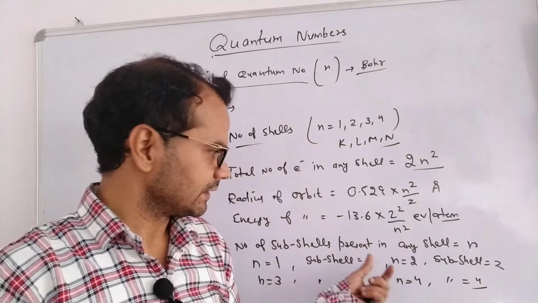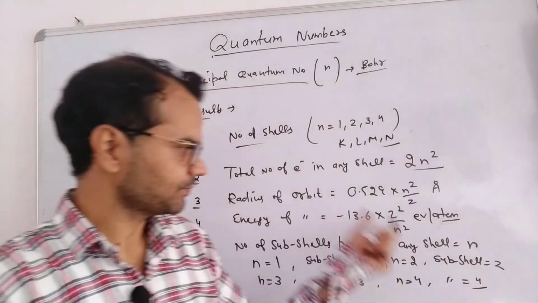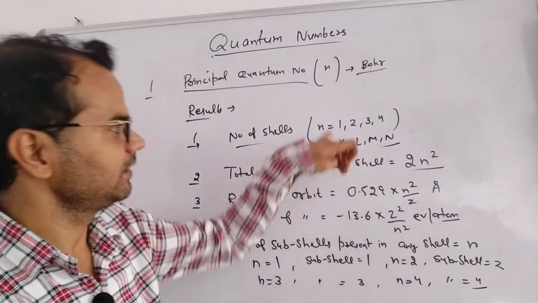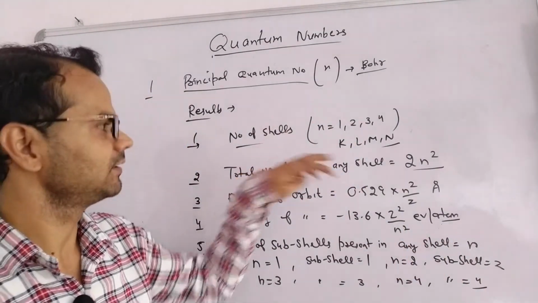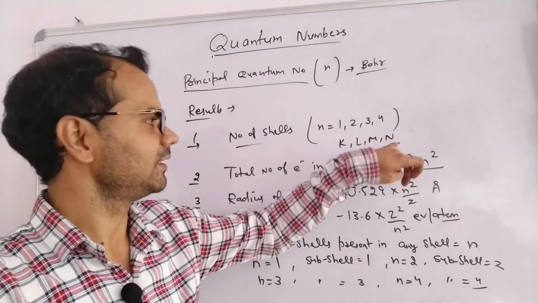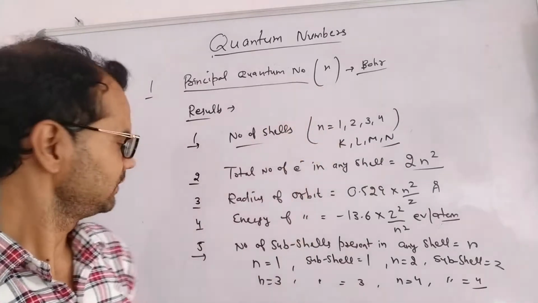So we can say K shell contains 1 subshell, L shell contains 2 subshells, M shell contains 3 subshells, and N shell contains 4 subshells. Easy.